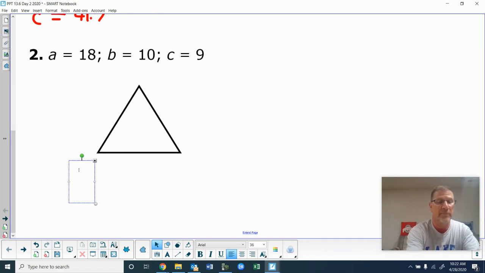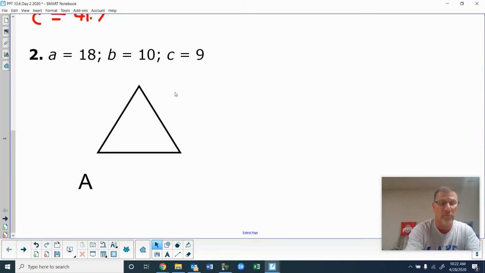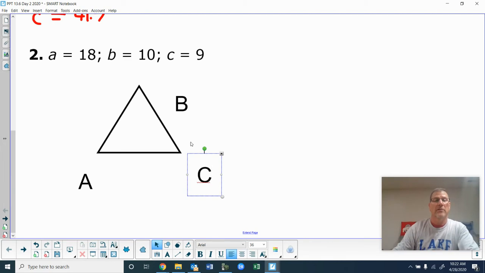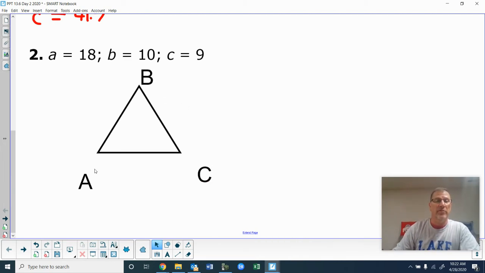Oops, should be capital for an angle. And again, it doesn't matter where you put those, but just make sure the sides are opposite, all right?